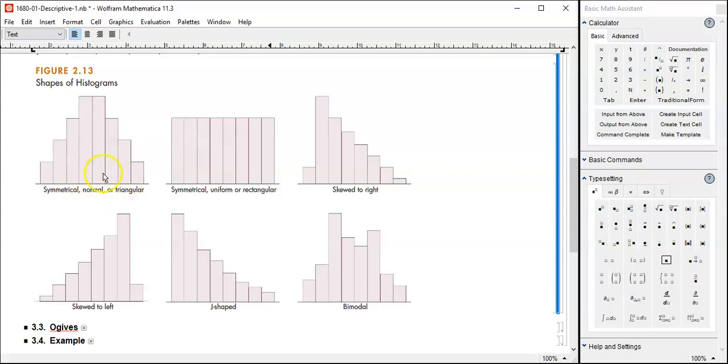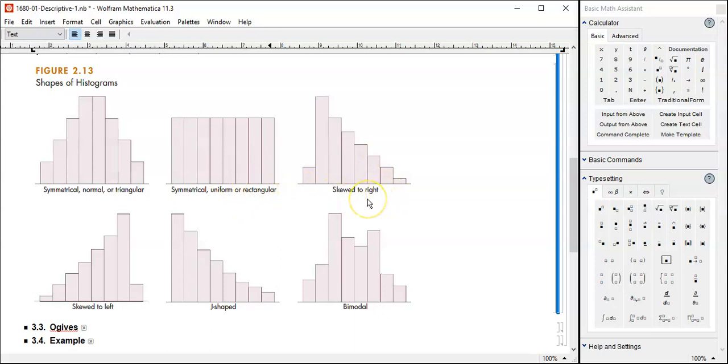And normal or triangular, I'll try not to use these kind of terms. This one is uniform, and the height is about the same. Even if you have a little wriggling, and if it's roughly the same, we call it roughly uniform. And symmetric too, left-hand side, right-hand side, matches. Rectangular, again, I'll try not to use this kind of term.